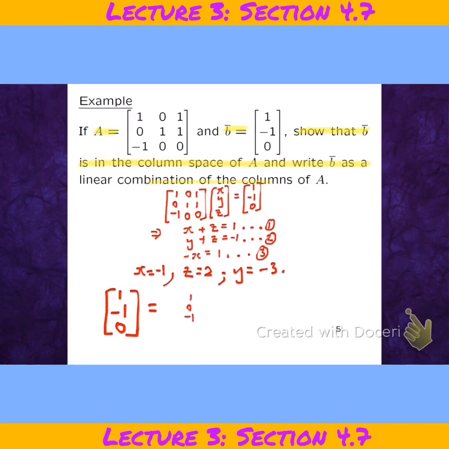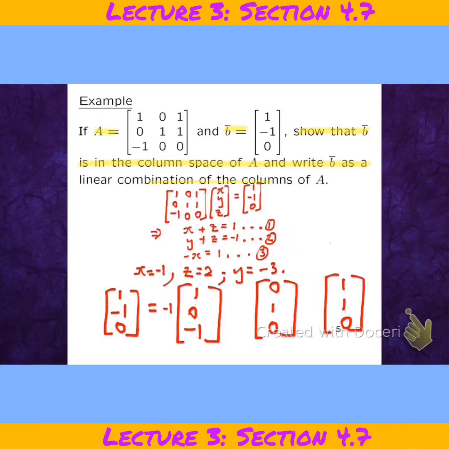Right, so there's my first column vector, there's my second column vector, there's my third column vector. And there we've got our values, -1, our second value, -3, and our third value, 2.